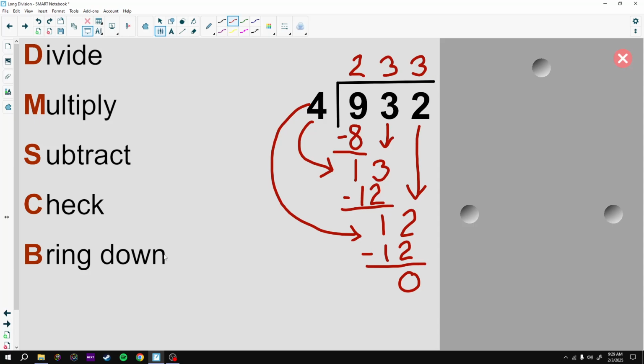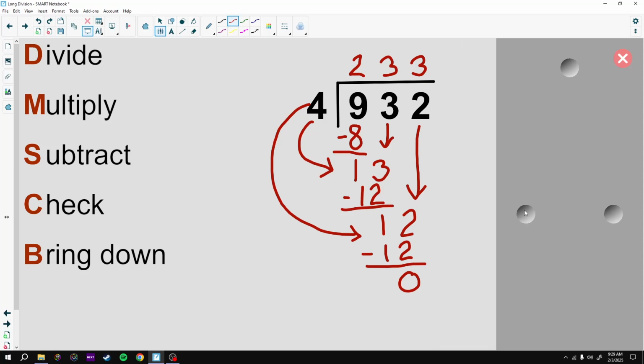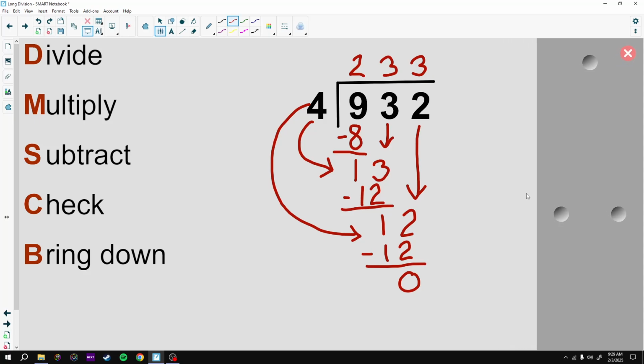Now we can bring down the next number. Except there are no other numbers to bring down, which means that we found our answer, the quotient to this problem. 932 divided by 4 is 233. You could check that by doing 233 times 4, and you will get 932.